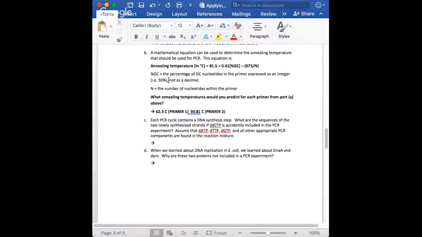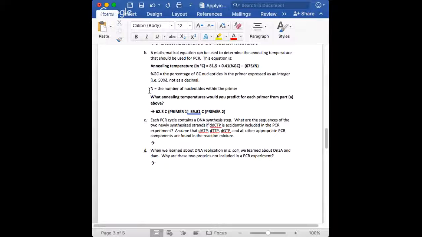And so it gives us the equation here to determine the temperature in Celsius. The equation is expressed as 81.5 plus the quantity of 0.41 multiplied by the GC content, minus the quantity of 675 over the number of nucleotides within that primer.